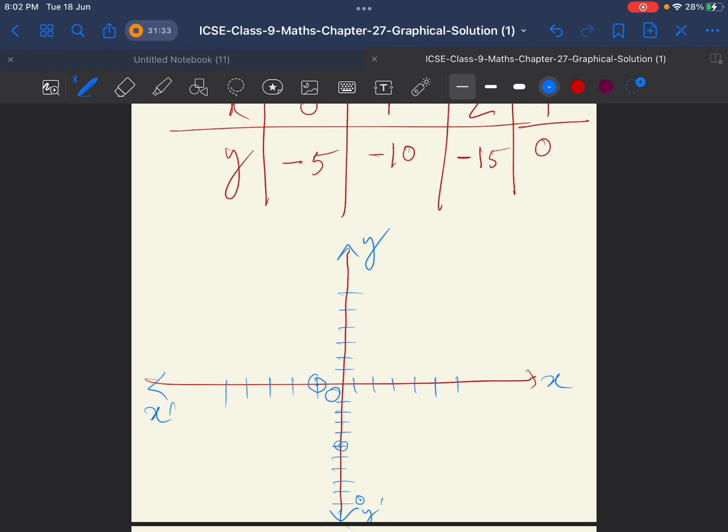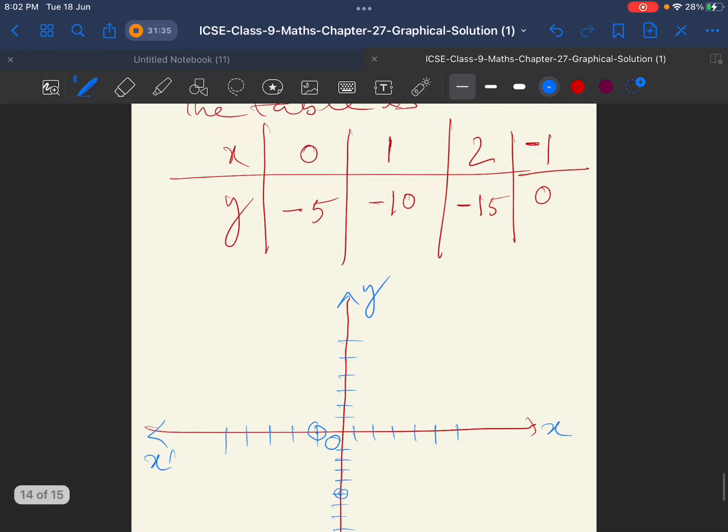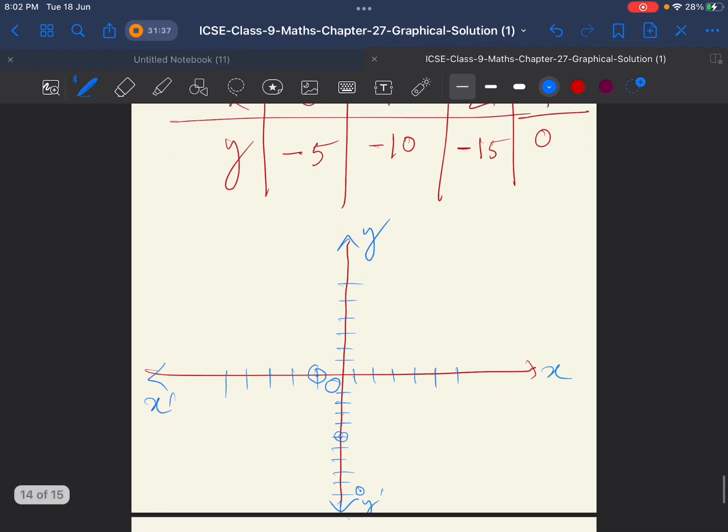And we take minus 1 0, minus 1 here, so 0, this point.